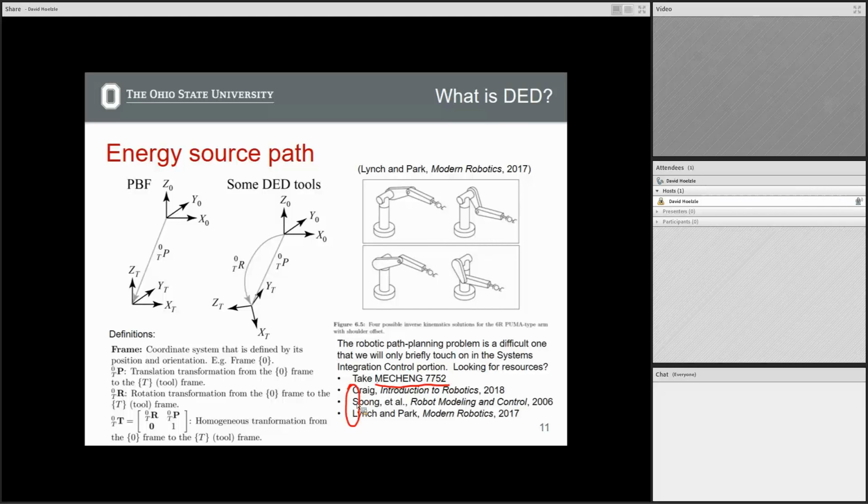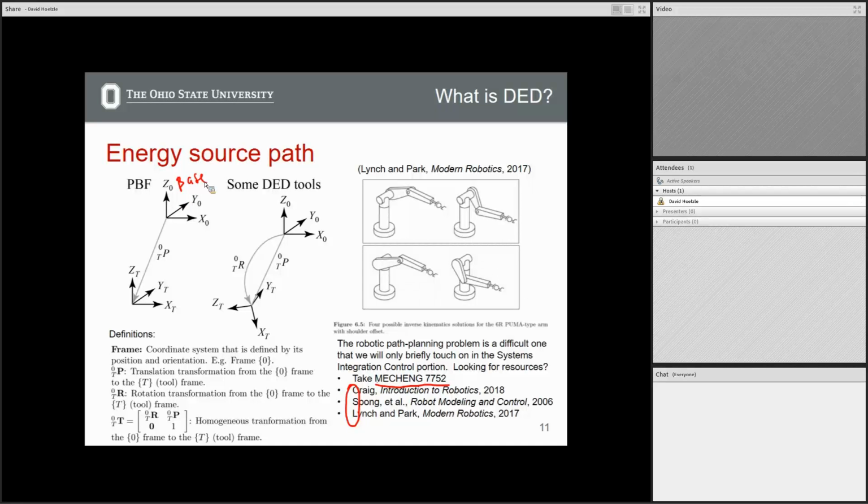But the main idea, just so you have a general taste of why this is a complex problem, is that in powder bed fusion you have what's called the zero frame, which is basically your base. This is some sort of landmark that's fixed to the ground, bolted to the ground.